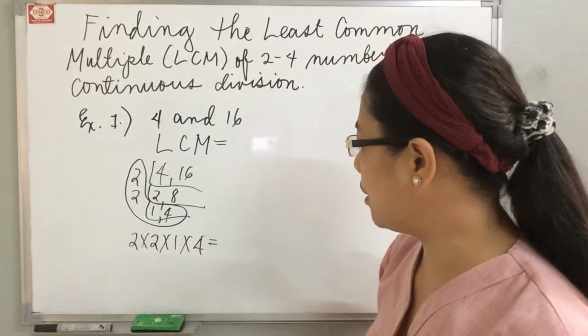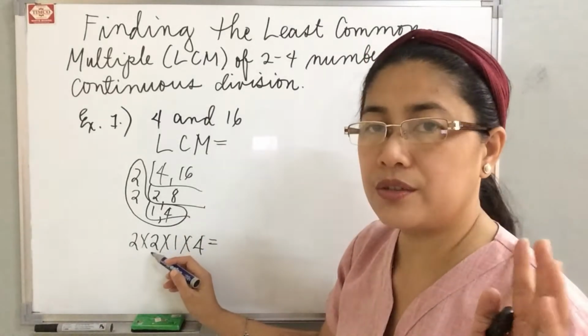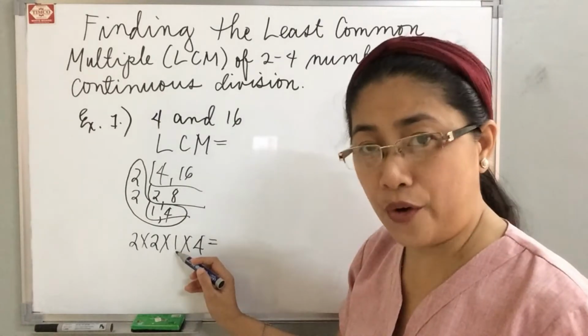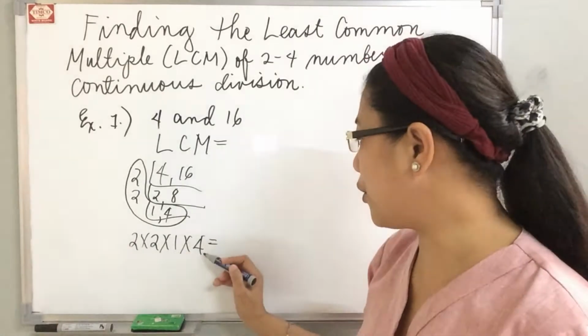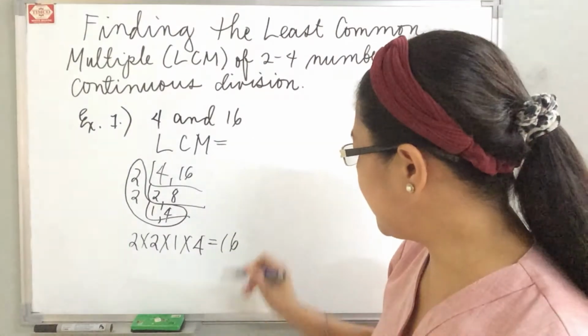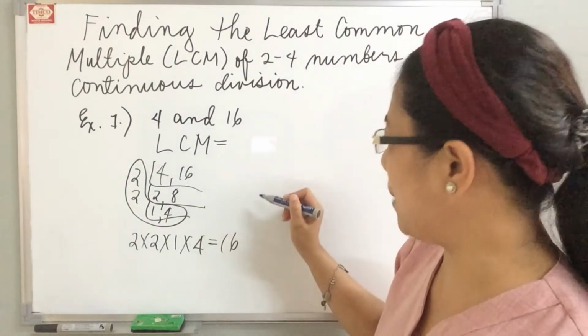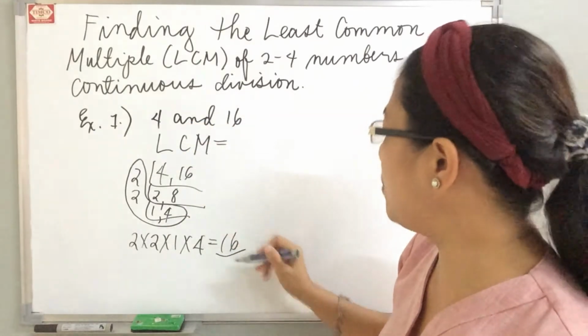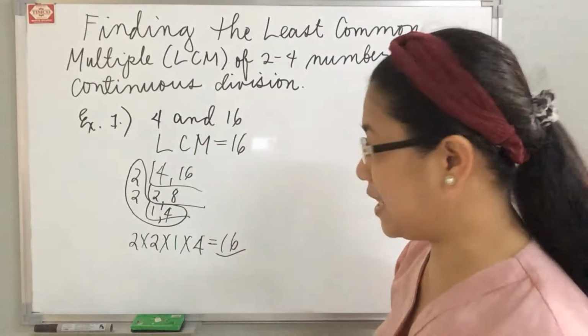Okay, let's answer. 2 times 2 is 4. 4 times 1 is 4. And 4 times 4 is equal to 16. So the LCM, or the least common multiple of 4 and 16, is our product, which is 16.